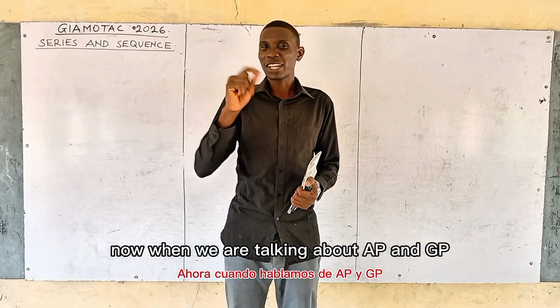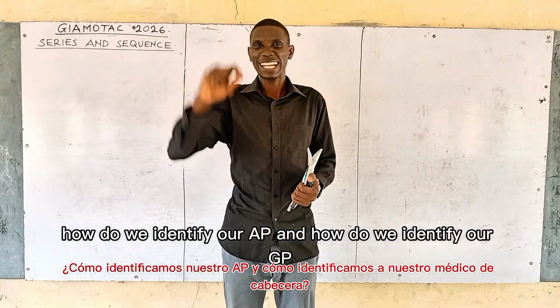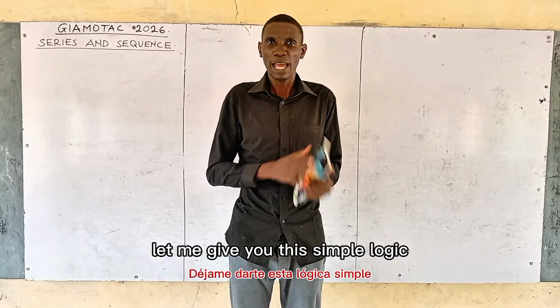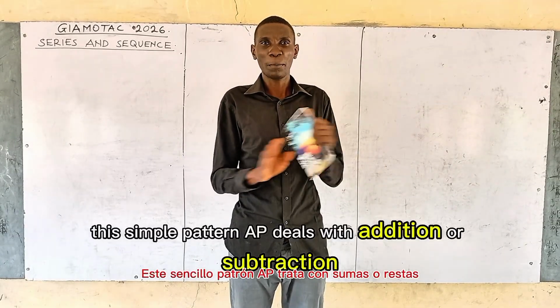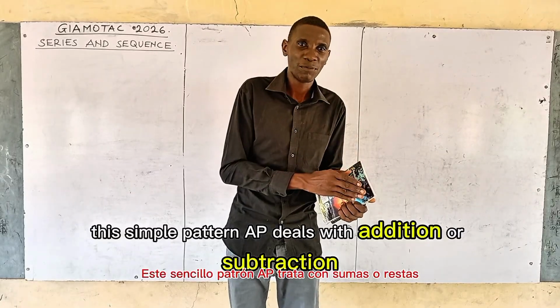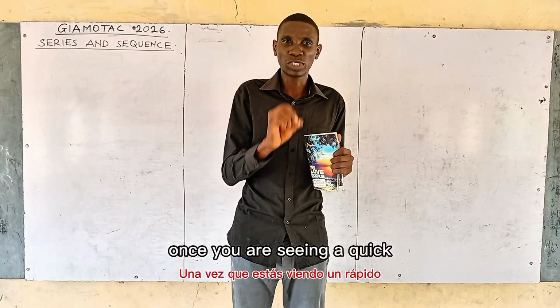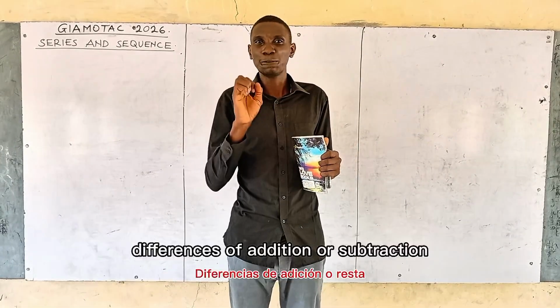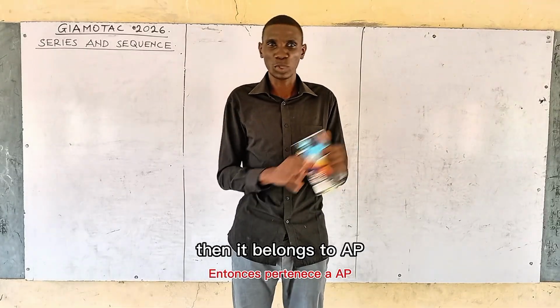Now, when we are talking about AP and GP, how do we identify our AP and how do we identify our GP? There is a way that we can understand them. Let me give you this simple logic, this simple pattern. AP deals with addition or subtraction. Once you are seeing a sequence increasing with a common difference of addition or subtraction, then it belongs to AP.